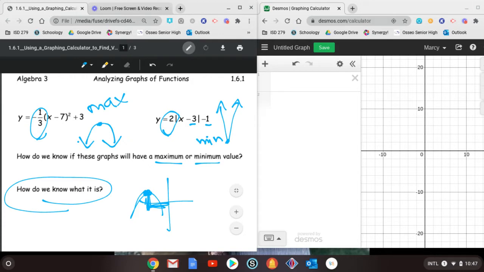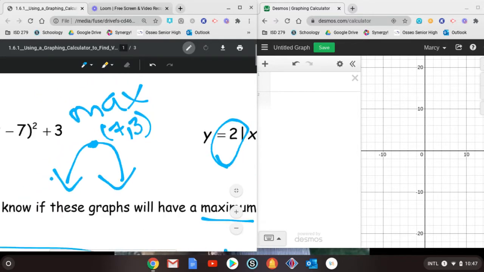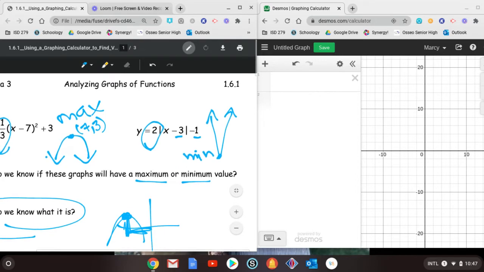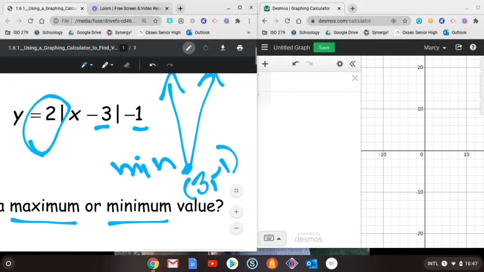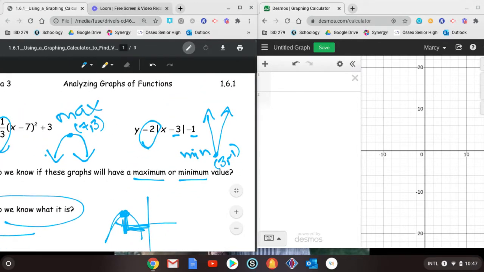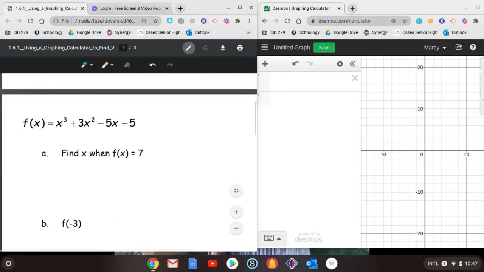So your first problem over here would be 7, 3. Let's zoom in a little. And this one would be 7, 3. Because of your H and K, your minimum here would be 3, -1. Okay? So that is a little bit about what we're going to be doing.